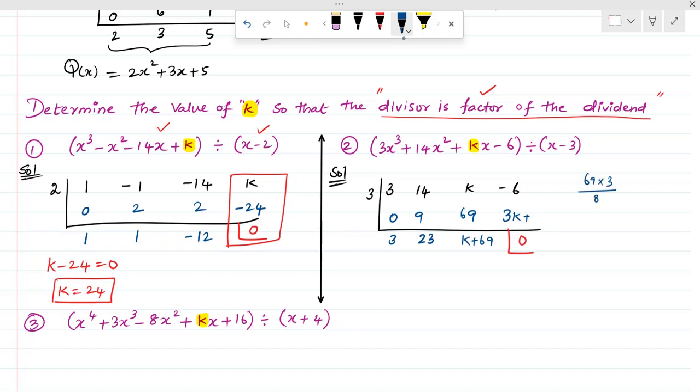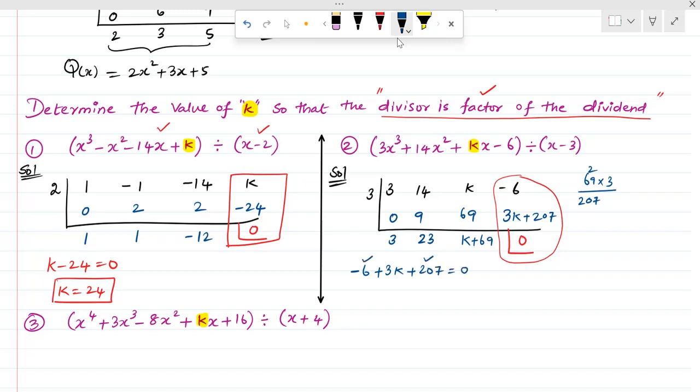So now I will add the last part. Just simplify the last part. You have minus 6 plus 3k plus 207 equals 0.